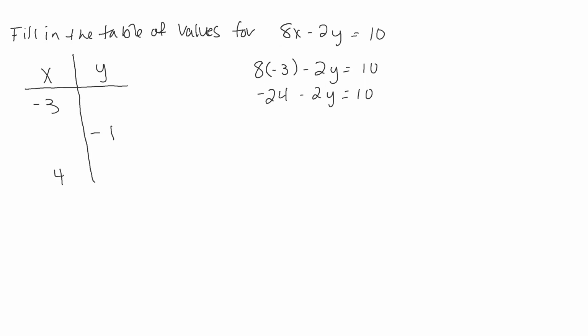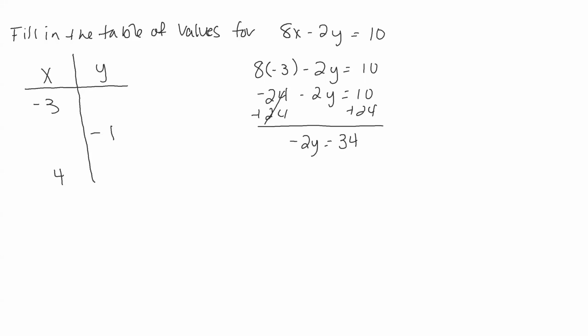I want to isolate the 2y, and the issue with the 2y is the fact that there's this minus 24. I need to undo the minus 24, so I'm going to add 24 to both sides. All right, so the 24s on the left cancel. I'm left with negative 2y equals, well, let's see, 10 plus 24 is 34. So now I have negative 2y equals 34.